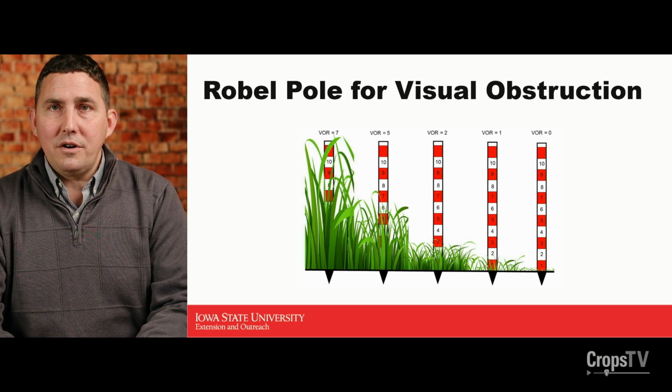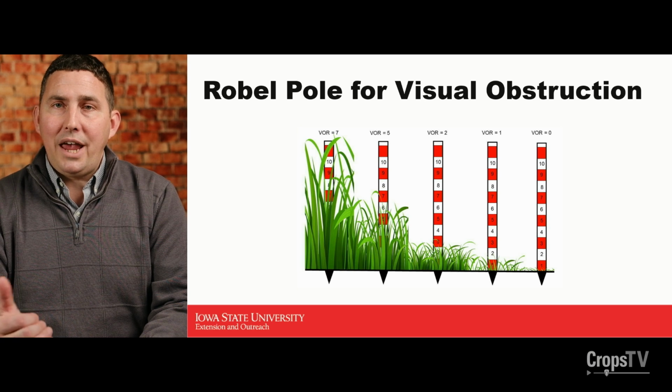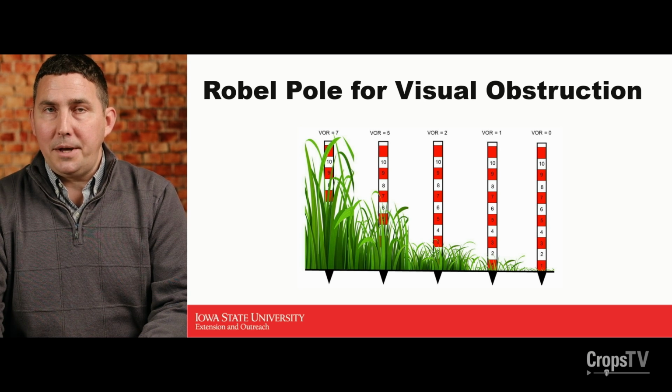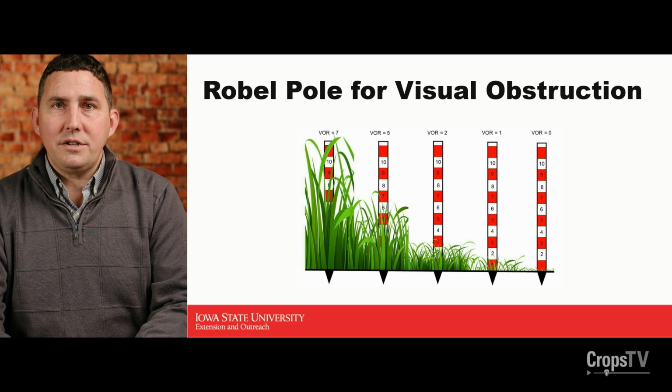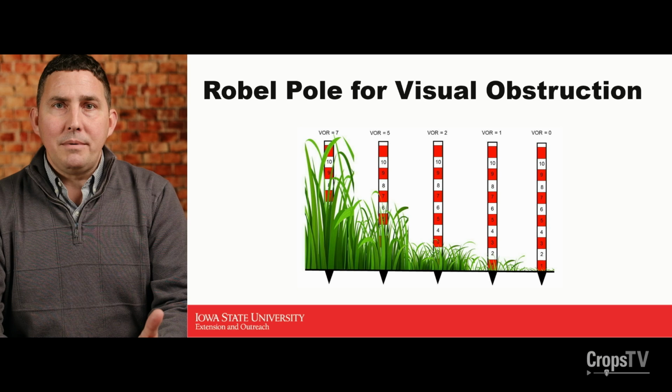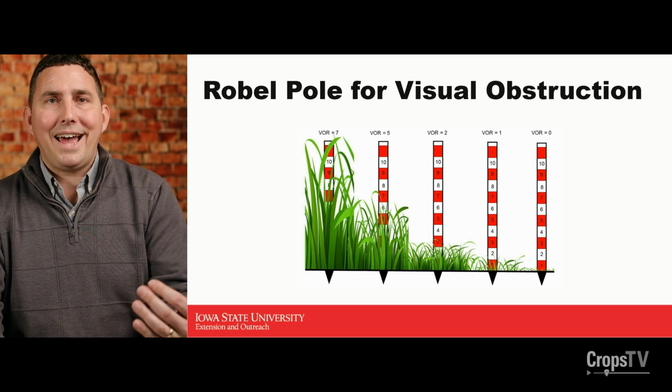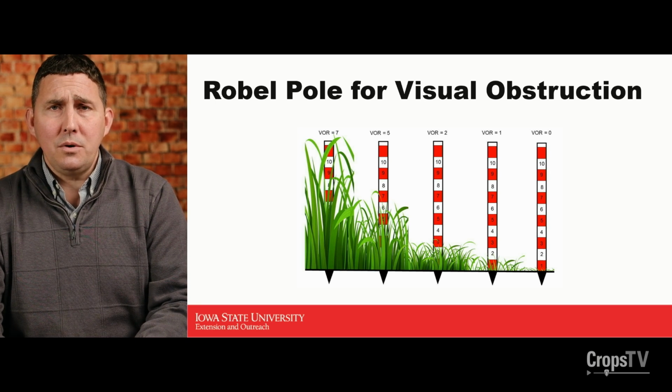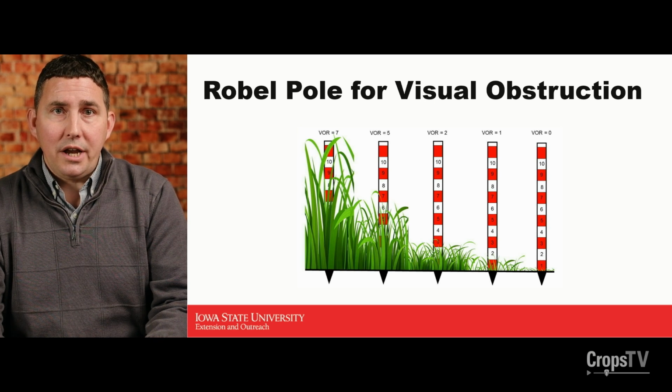The second one over is a VOR equals 1, and what that's telling us is that we have a visual obstruction of that first decimeter, and we haven't obstructed the second decimeter yet. You can see what that looks like as you go from a rating of 2, 5, and 7. What we're really looking at is just how much of that biomass is obstructing what height on that pole.